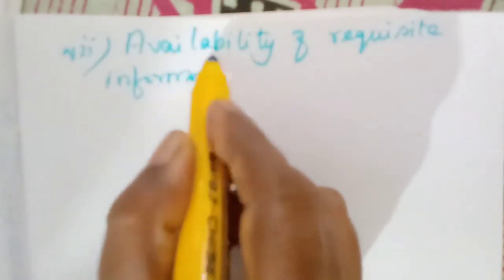Then availability of requisite information. Requisite means needed information at a glance. At a glance means if we see once, we can see the total information.